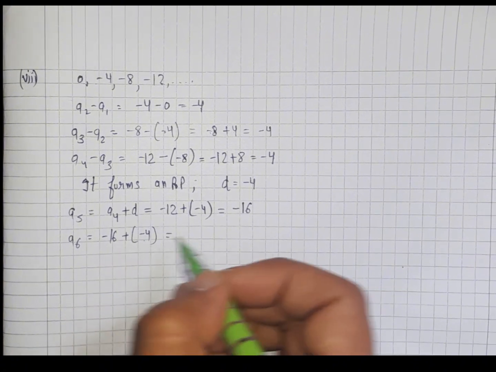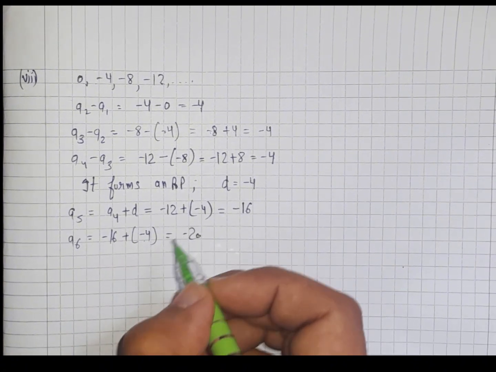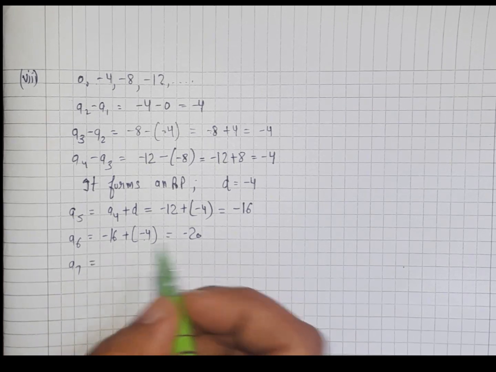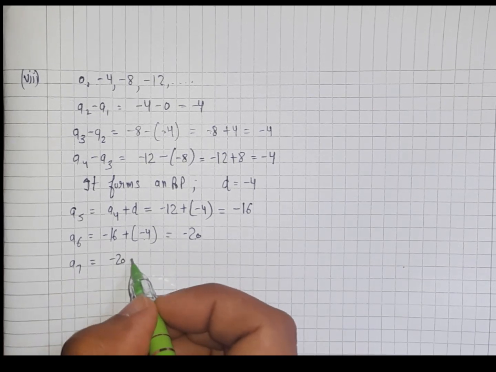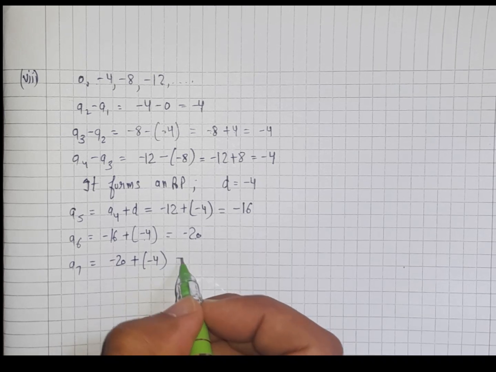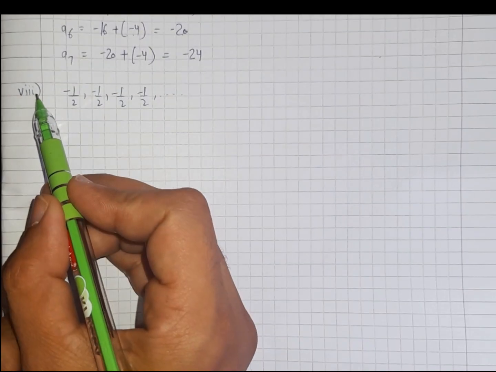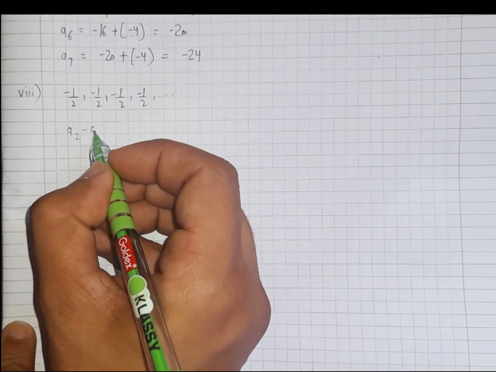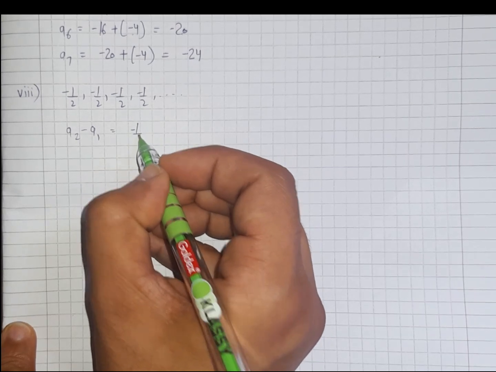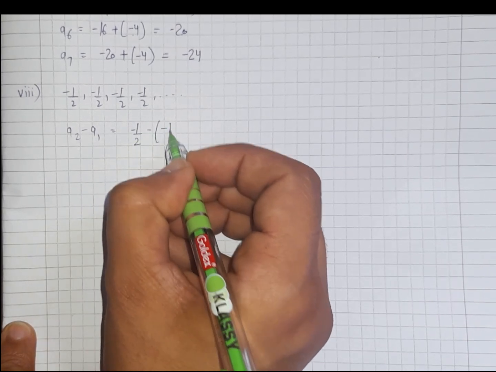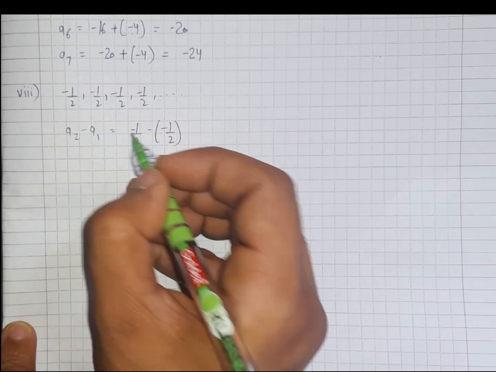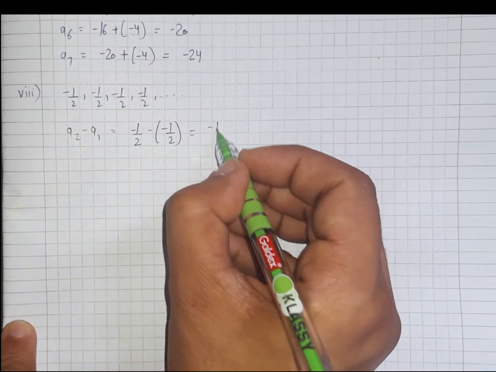Minus 16 minus 4 equals minus 20. Now A7 equals A6 plus d, that is minus 24. In the eighth part, A2 minus A1 equals minus 1 upon 2 minus 1 upon 2.